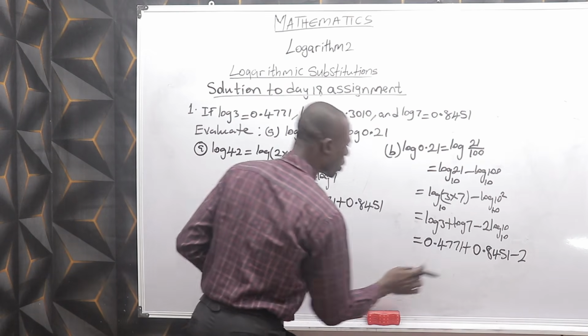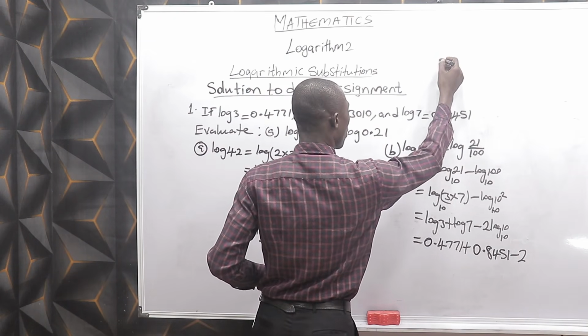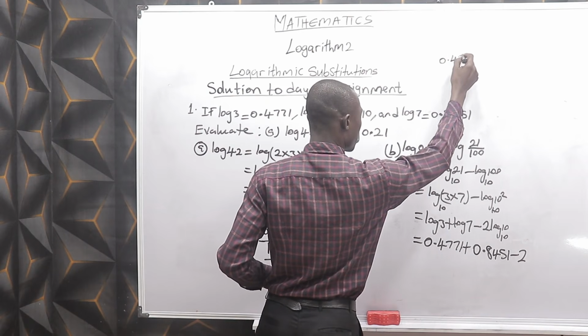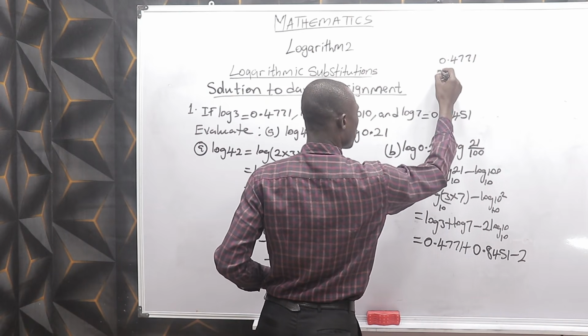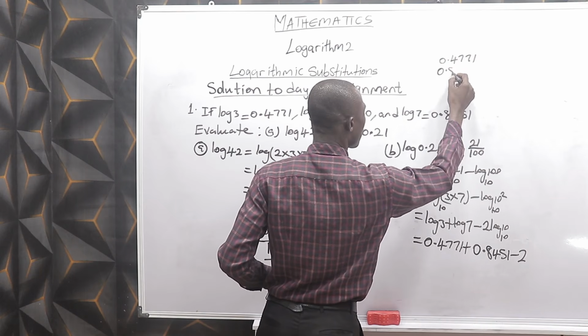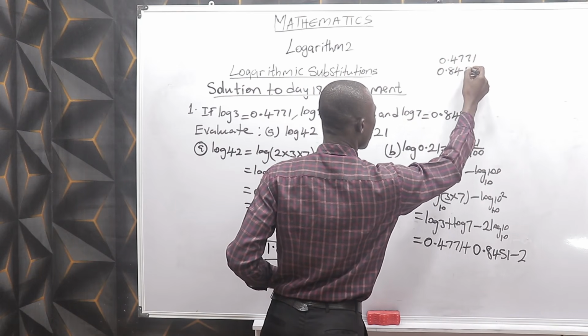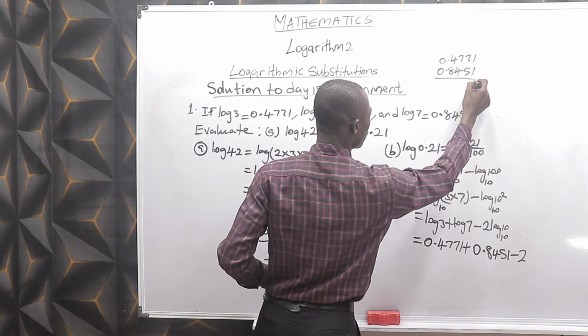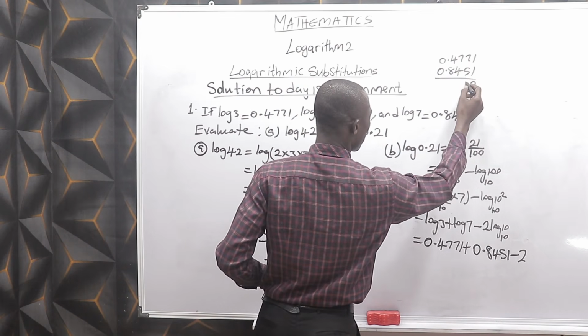So adding these two together, I want to do the addition up here because of the space. 1 plus 1 is 2. 7 plus 5 is 12.